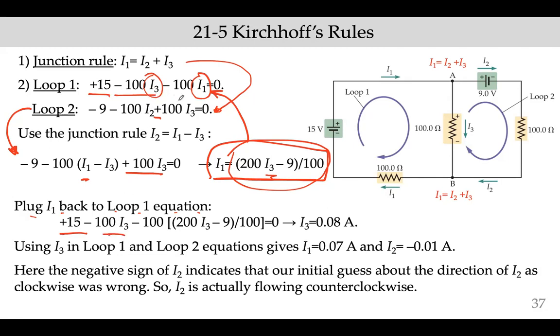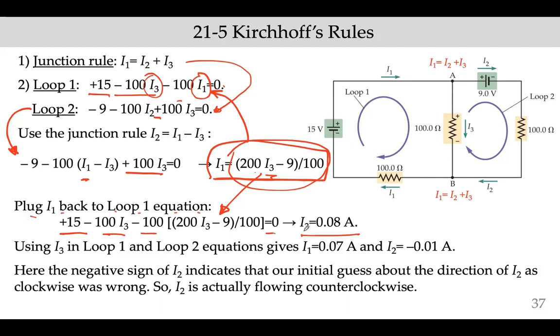So we have -100 I1, and instead of I1, we will write this thing here. And it's equal to 0. Now, as you can see, the loop 1 equation only depends on I3. So it's one equation, one unknown. You can solve for I3, and here is the solution. So it turns out I3 is 0.08 amperes.